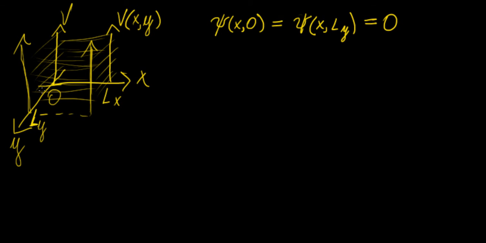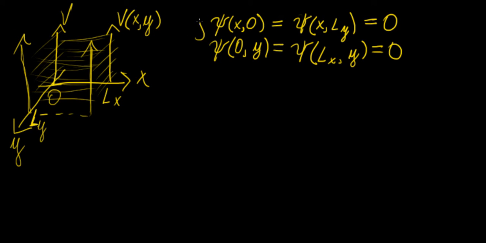So that means that the wave function cannot exist outside these boundaries along the y-axis, and also the boundary condition that the wave function at (0, y) equals the wave function at (Lx, y), equals 0. So those are our four boundary conditions. We're going to have this rectangular kind of fence built around it.